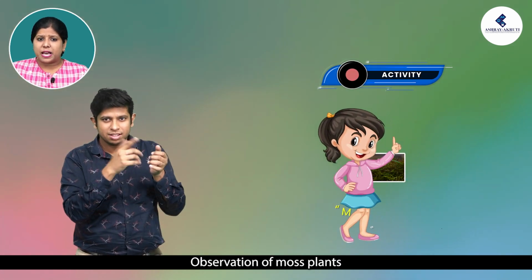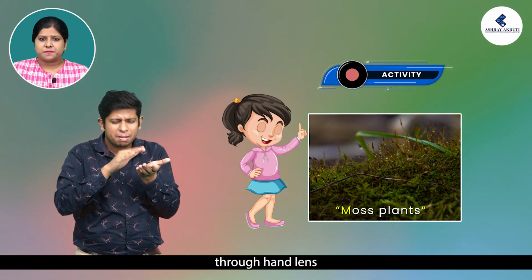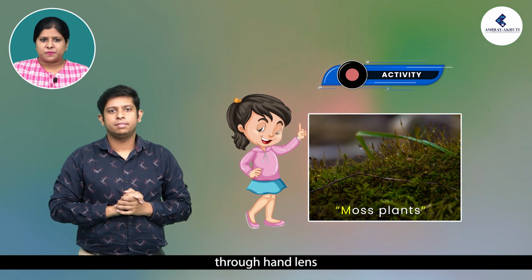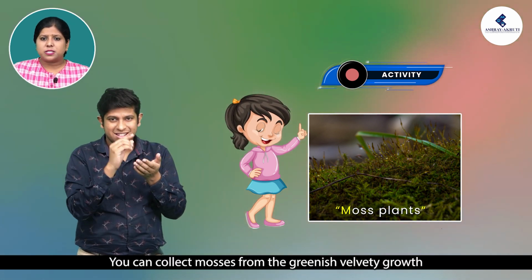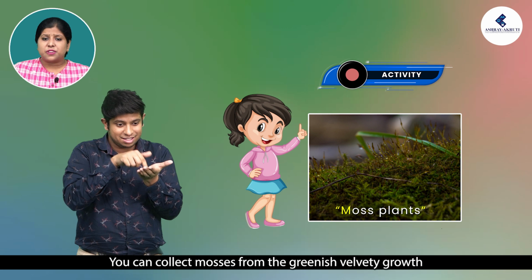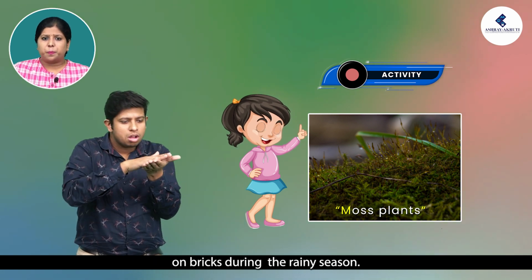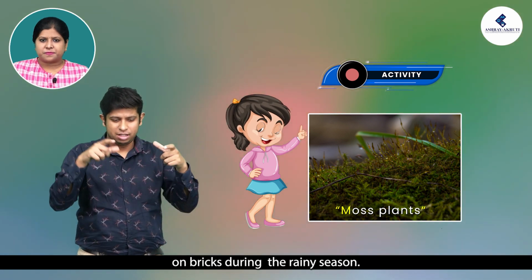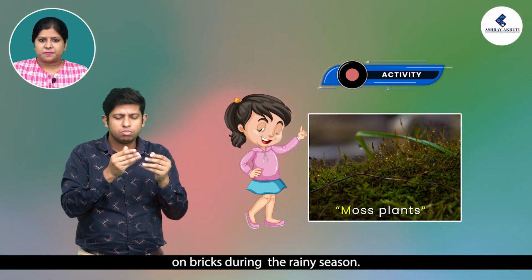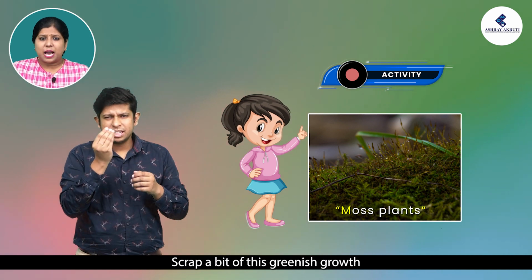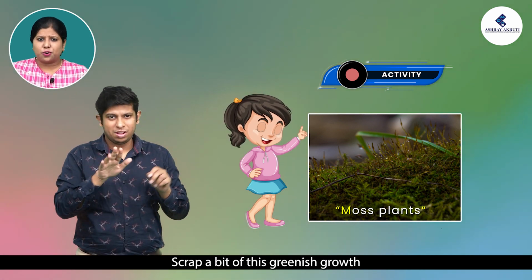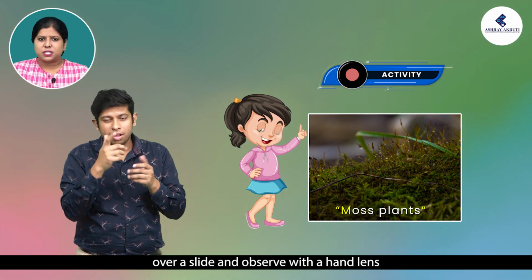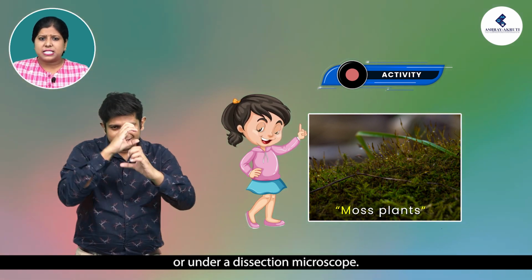Observation of moss plants through a hand lens. You can collect mosses from the greenish velvety growth on bricks during the rainy season. Scrape a bit of this greenish growth over a slide and observe with a hand lens or under a dissection microscope.